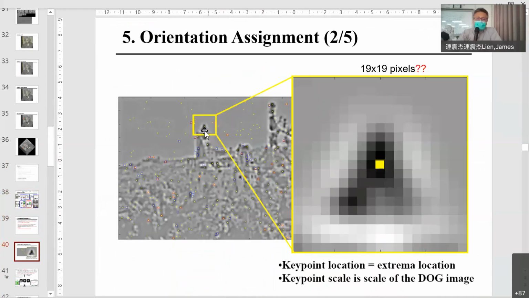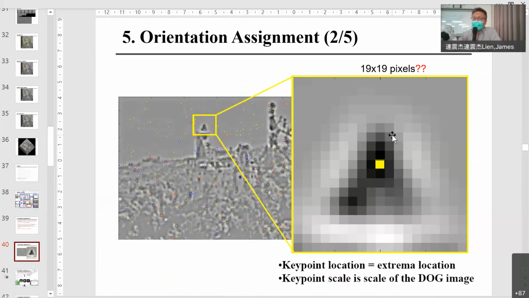So here, for each corner point, we select 19 by 19 pixels for each patch. Why 19 by 19?